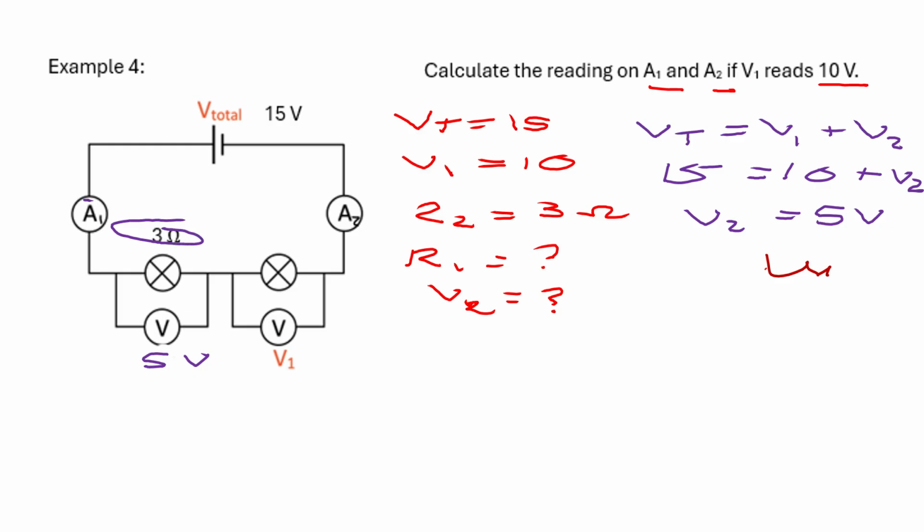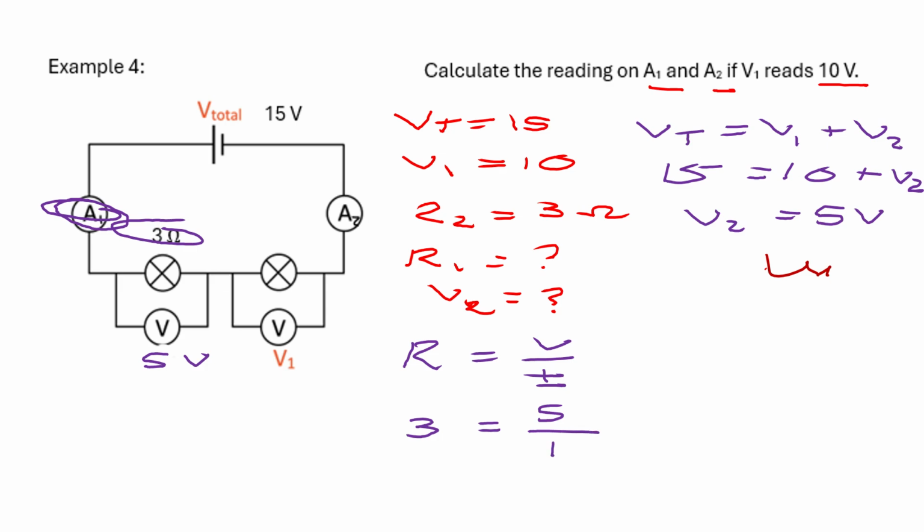I can now find the ammeter reading on A1 because remember, this is a series circuit. So all we have to do is go R is equal to V over I. Remember, this is not given on the data sheet in grade 10. You only get it from grade 11. Your R is the 3 ohms that's given. The V is the 5 volts that I already found out in my previous equation.